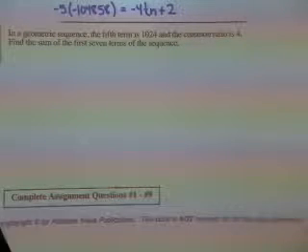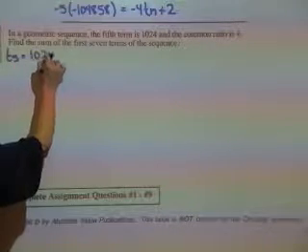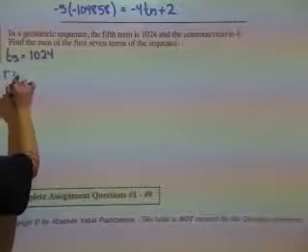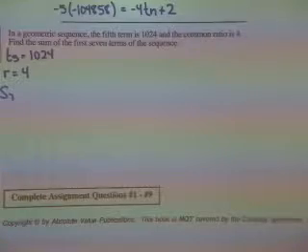Okay, if I look at class example number 5, in a geometric series, the 5th term, so t of 5, is 1,024, and the common ratio is 4. Find the sum of the first 7 terms. So it's s of 7.